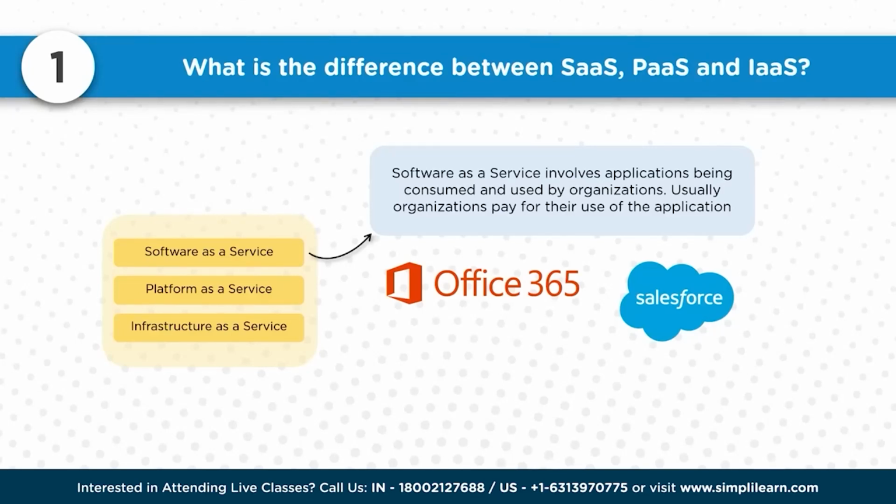SaaS moves the task of managing software and its deployment to third-party services, meaning the vendor gets to manage all that. So SaaS is software as a service involving applications being consumed and used by organizations. So it's generally using an application, and usually organizations pay for their use of this particular application.